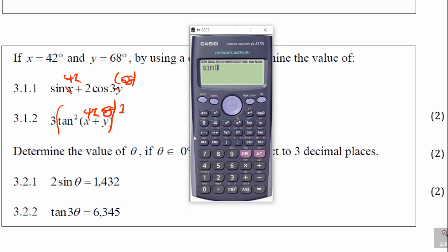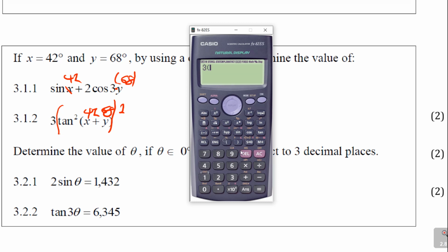This is sin 42, open bracket, close it please, plus 2 cos, look what I'm going to do, cos, open bracket, 3 times 68, see what I did, close the bracket, equal to. That's how you say it. So you say this plus 2 cos 3 times that. What about the next one?